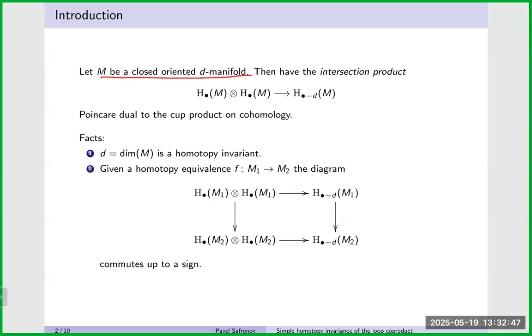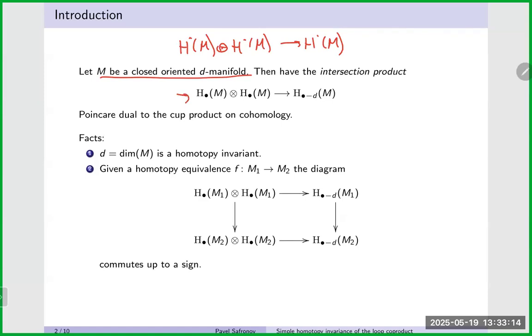This operation is just Poincaré dual to the usual coproduct on cohomology. There's a coproduct on cohomology which preserves degrees, and then if you apply Poincaré duality, it will shift degrees on homology. So you get this intersection product.